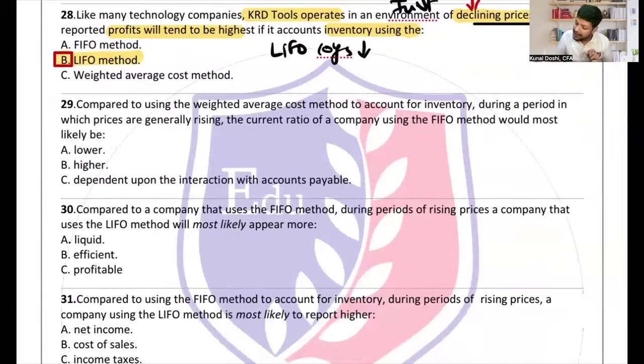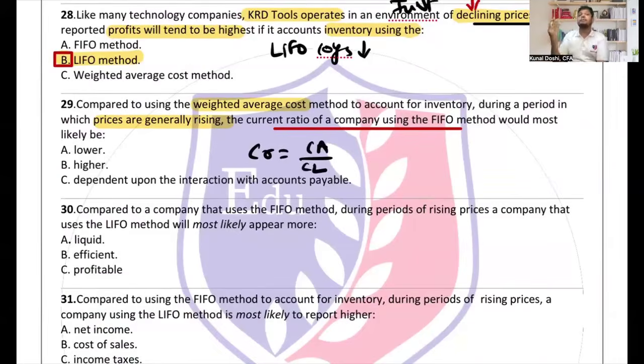Next, compared to using the weighted average cost method, during a period when the prices are generally rising, which is naturally the case, the current ratio of a company using FIFO: see, you have to compare. First of all, current ratio is current asset over current liability. Remember, when prices are increasing, FIFO COGS are low and inventory is higher.